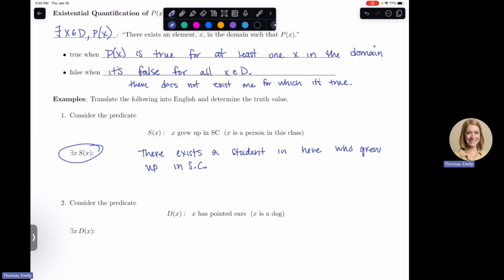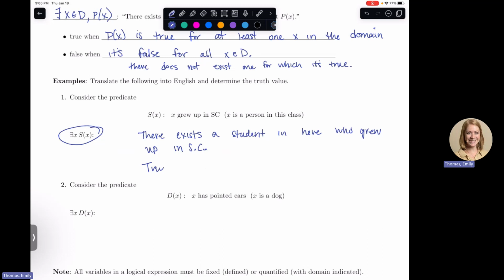Is this true or not true? Okay, Daniel says it's true. I assume because you grew up here. Now, how would we know if this was not true? Yeah, if we went around the room and said no, no, no, no, no, and got a no from everybody about growing up in South Carolina.